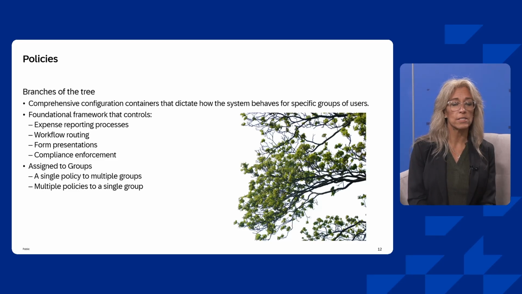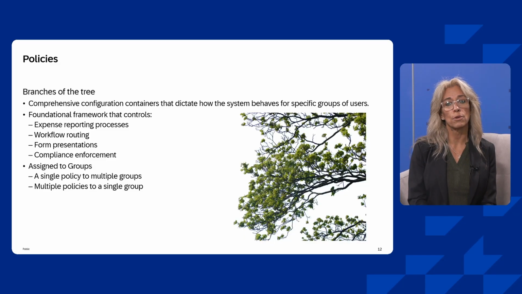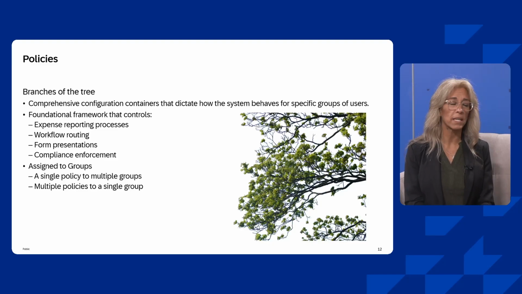So policies are assigned to groups, and you can assign a single policy to multiple groups, or you can have multiple policies to a single group. So users can choose which policies they want to use when you have multiple policies, but one is designated as a default.